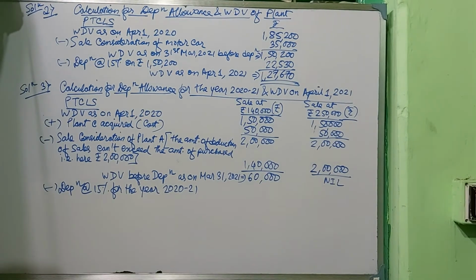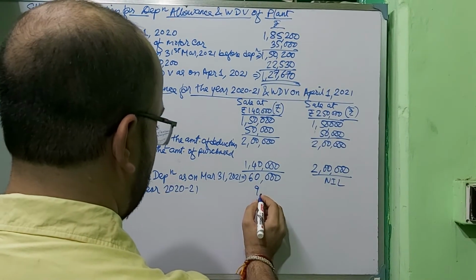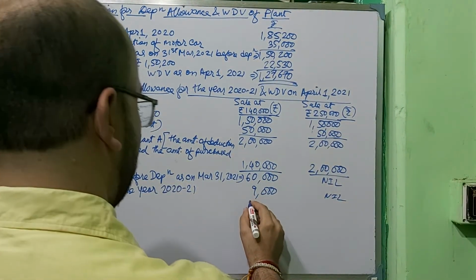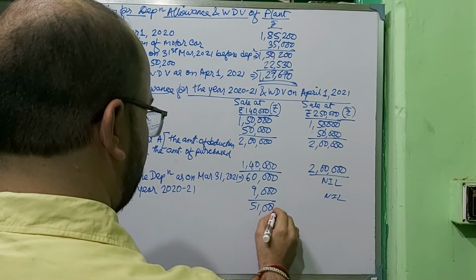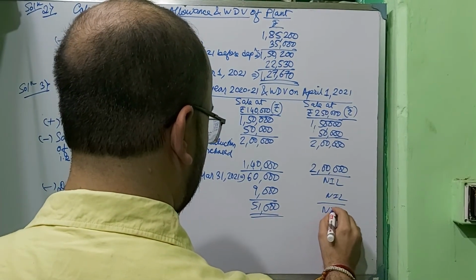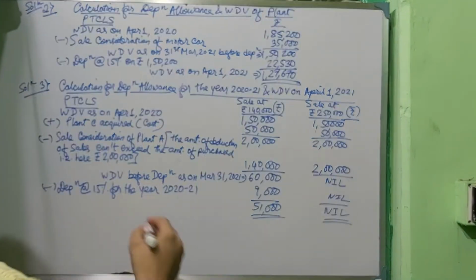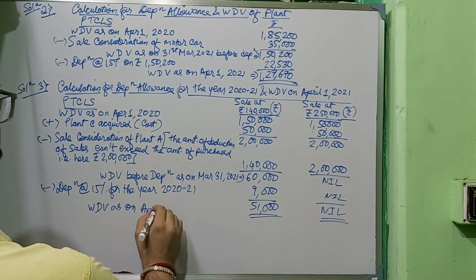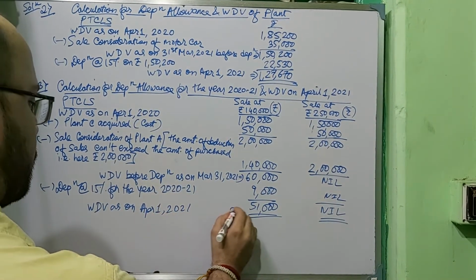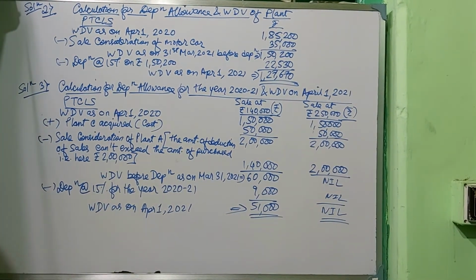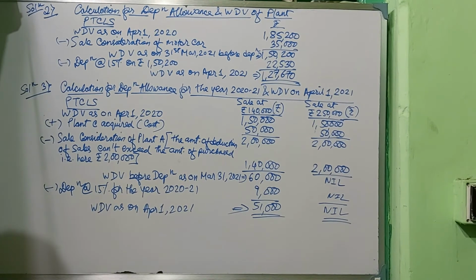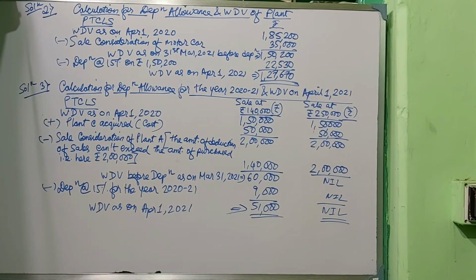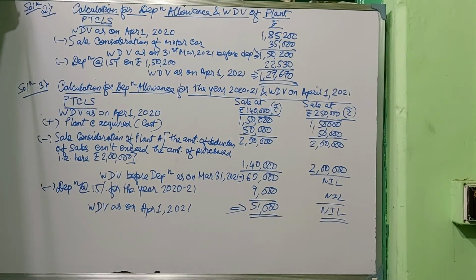So 15% of 60,000, it is coming 9,000, and over here obviously nil, because nil 15% means nil. So here WDV is 51,000, here WDV will be nil. WDV as on April 1, 2021. So this means the second condition will not be having any impact, but the first condition will have a great impact over here.